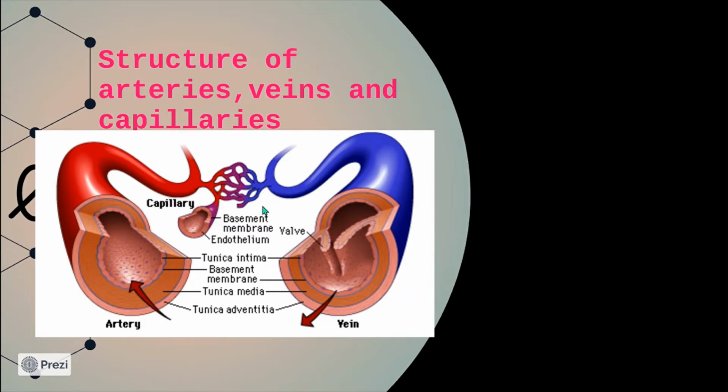Here you can see that the arteries and veins have layers named basement membrane, endothelium, and you can learn this. And in the capillaries, the waste matter in the blood diffuses into the capillaries, and that's the function of it.